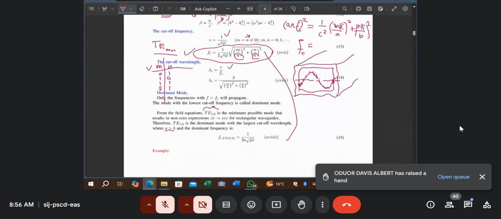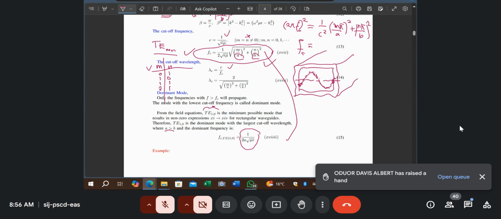So you reduce that equation to this for the dominant mode. Anyone who can't see that? That's not very important, just maths. Sometimes it can be confusing, and sometimes you forget, so you had better master the full equation for the cutoff frequency.